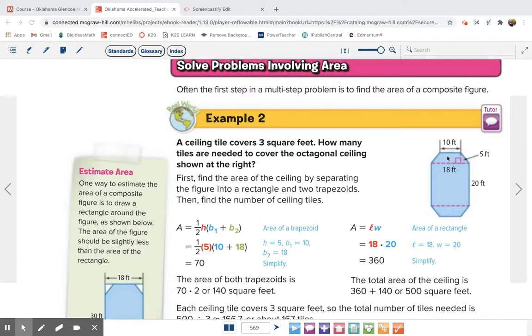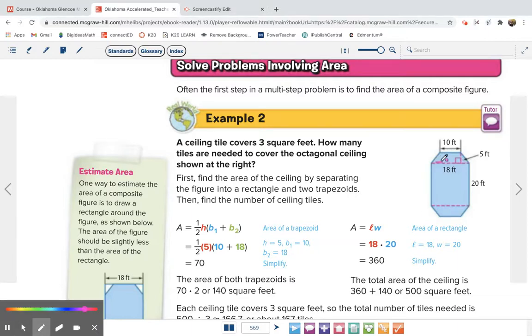Base 1 or base 2, doesn't matter which one's which, one of them is 10 foot, the other one is 18 foot, and the height is 5 feet. So we add those together to get 28. Then you have 1/2 times 5 times 28. When you plug that in your calculator, you get 70. That is just for one of those trapezoids.